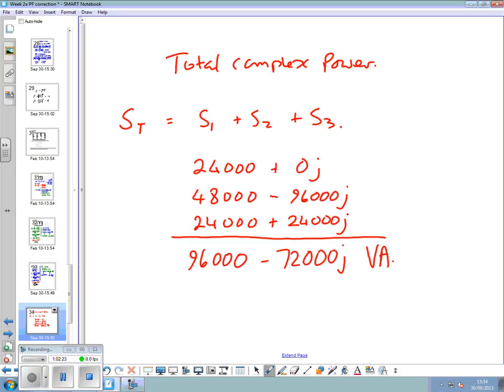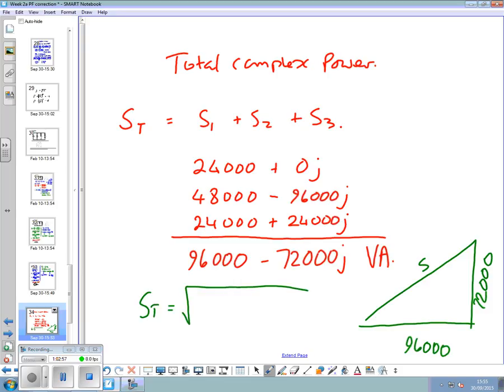We'll have to put that further right, isn't it? No. What you really want is that converted. You can do it on your calculator, or equally, we could say that is a triangle like that, where that's S, that's 96,000, that's 72,000, and we could do ST is equal to the square root of 96,000 squared plus 72,000 squared.